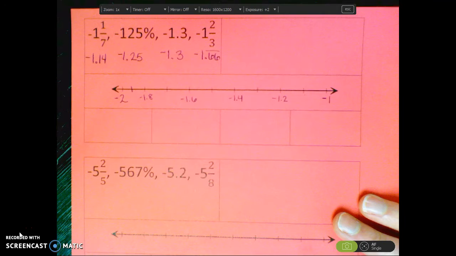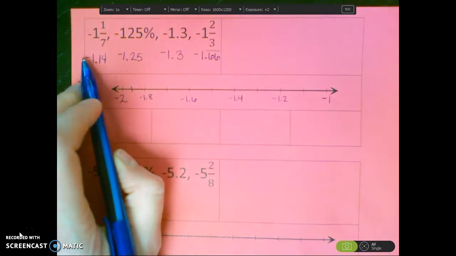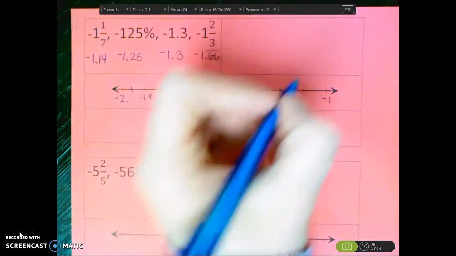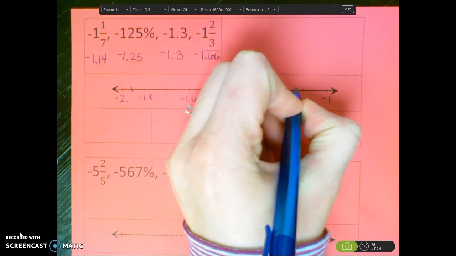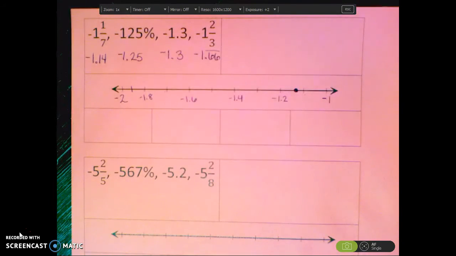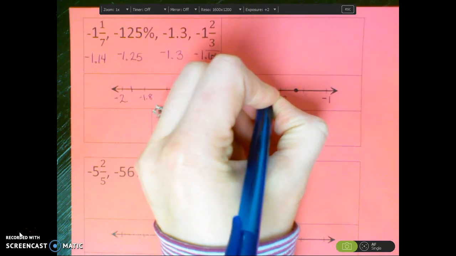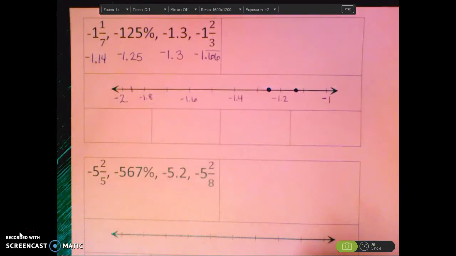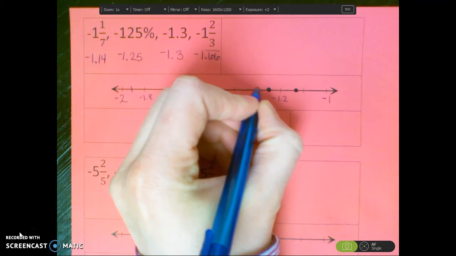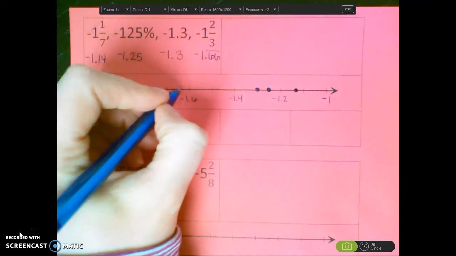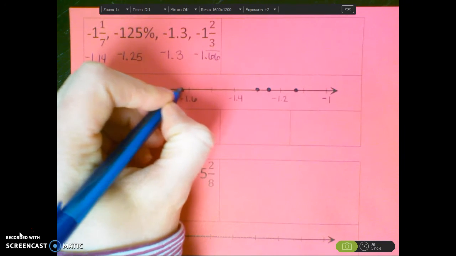Okay? So now I'm going to place these. Negative 1.14 is kind of in between here. Negative 1.25, a little bigger than 1.2, not quite 1.3. This is 1.3, 1.66, a little closer to the 1.7.